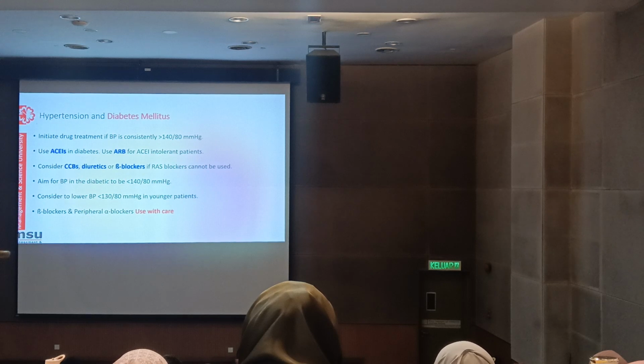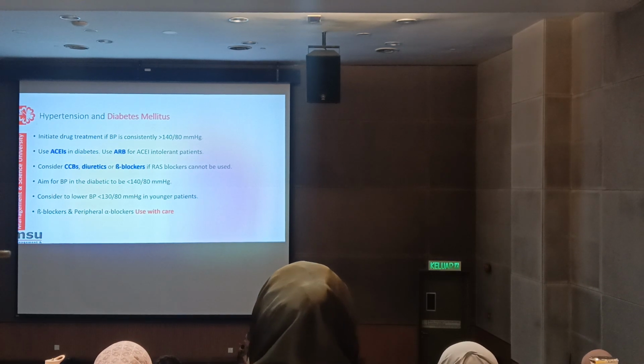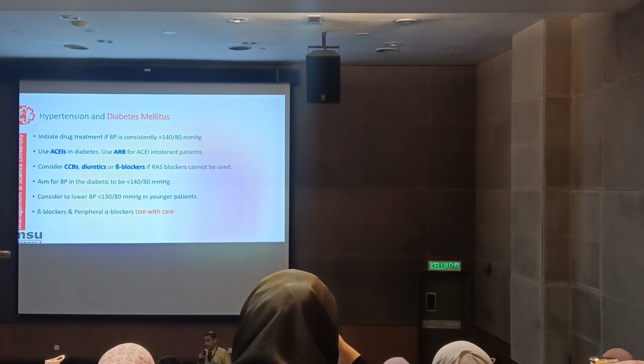Later on, under these classes there will be some slides explaining why they prefer them. Okay, also angiotensin receptor blockers can be used. Normally they will start with the angiotensin converting enzyme inhibitor.